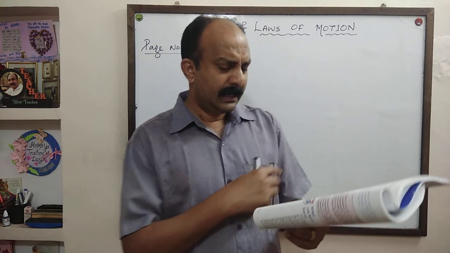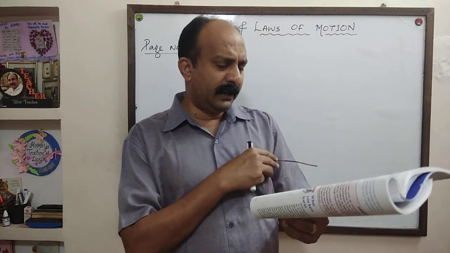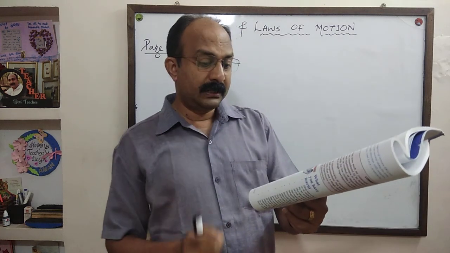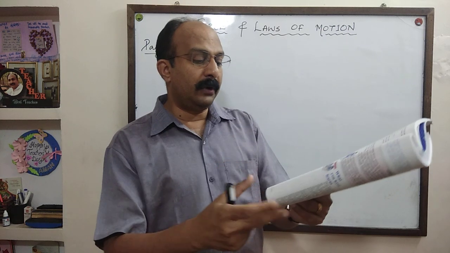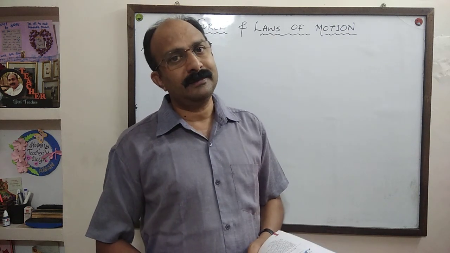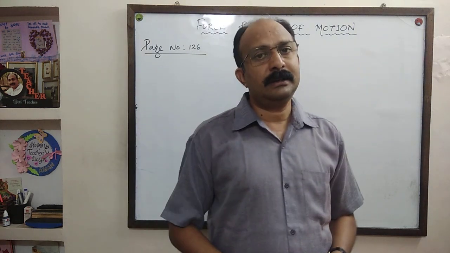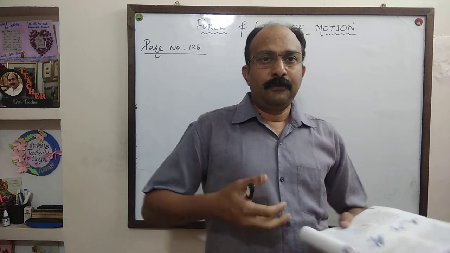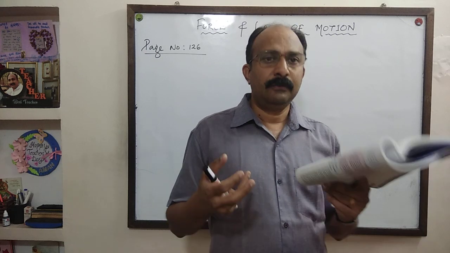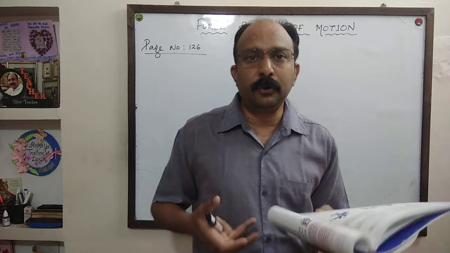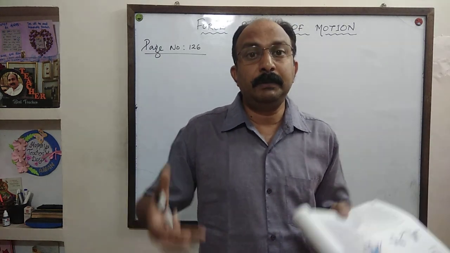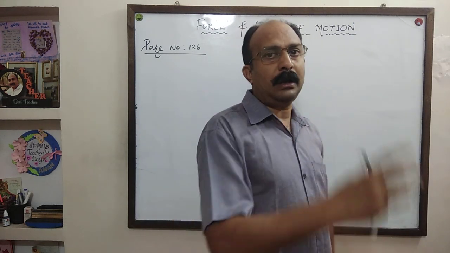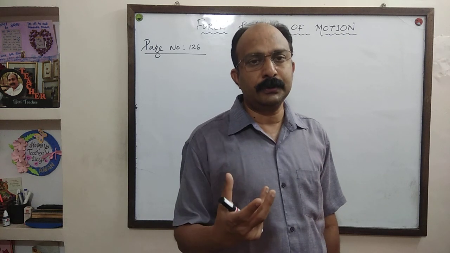Next question. Explain why it is difficult for a fireman to hold a hose which ejects a large amount of water at a high velocity. Again, I have explained it while teaching Newton's third law of motion. Firemen will find it very difficult to hold the hose pipe because that hose pipe is very big in size. So a large amount of water will be flowing out with a lot of force.